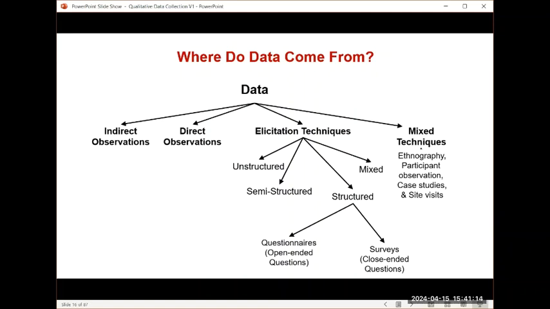The only difference in participant observation is you're actually engaged in an activity as a participant, not just an outside observer, right? Make sense?